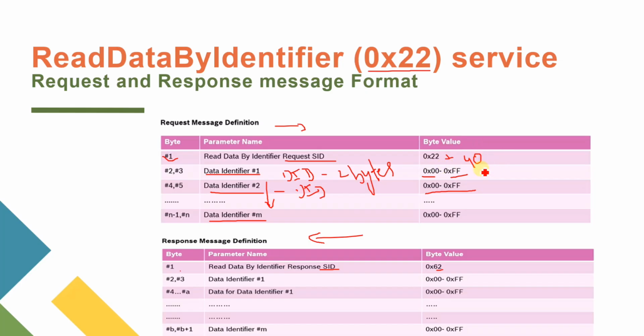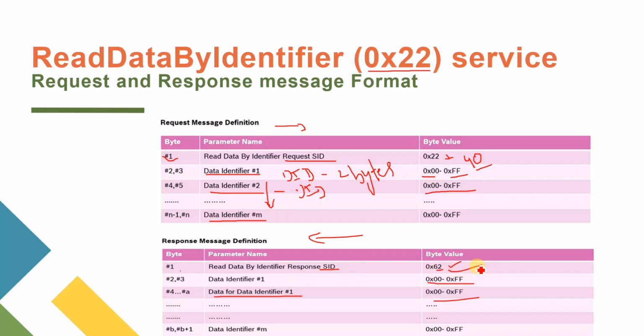In the positive response to service 10, plus 40 is added: 10 plus 40 is 50, the positive response. Now we are using 22. 22 plus 40 will be 62. So once 62 is received, that means it is a positive response. Next, followed by the data identifier, the same DID. Then lastly, it will give the particular data record for the data identifier.